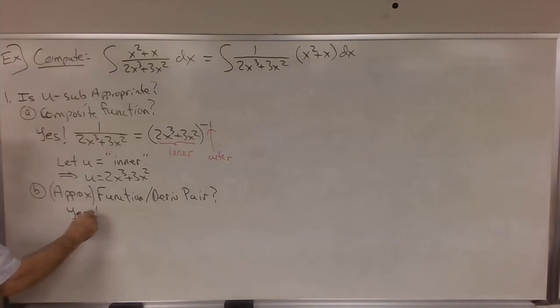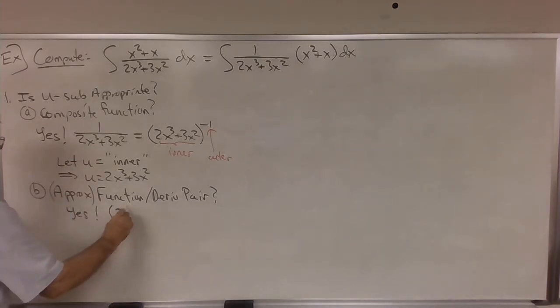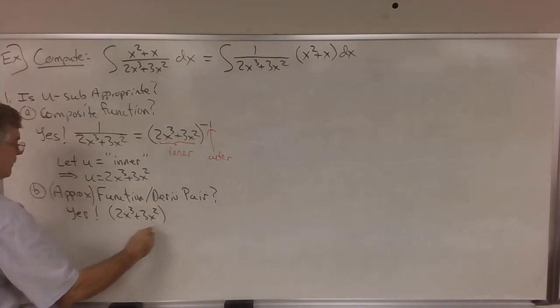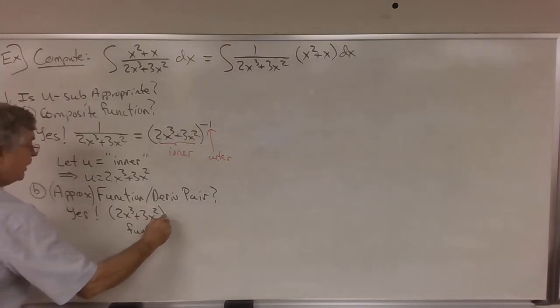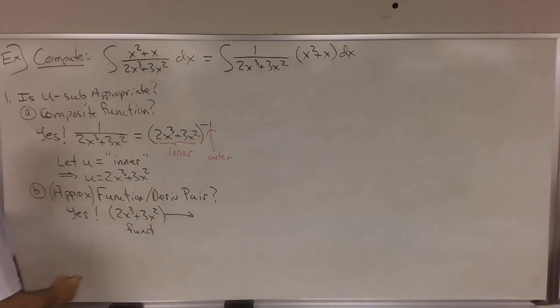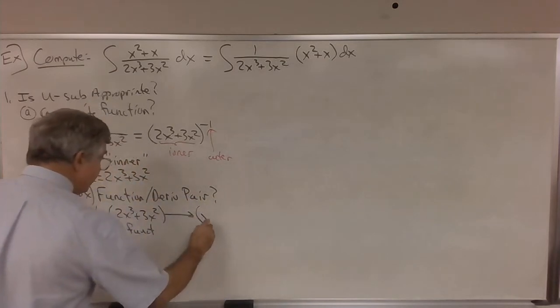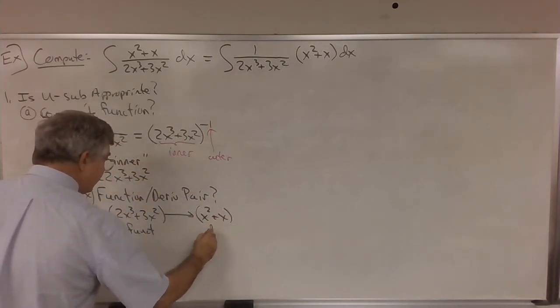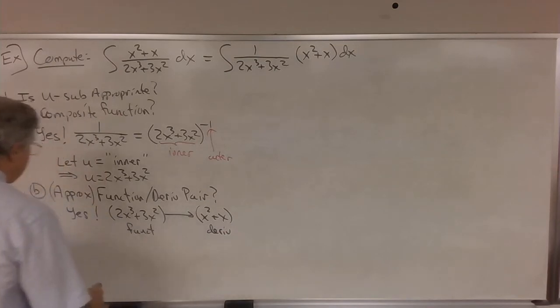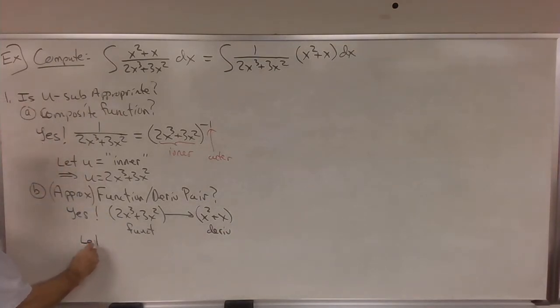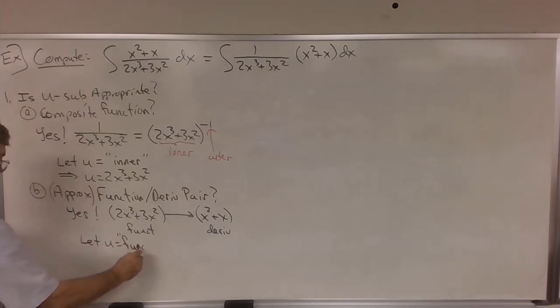And we've already seen that we have that. The function is the denominator, 2x cubed plus 3x squared. And the derivative, x squared plus x.